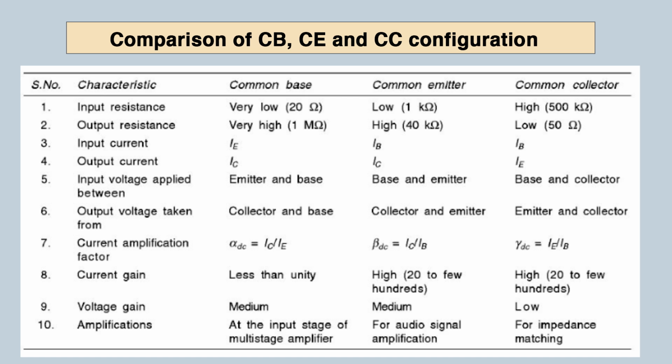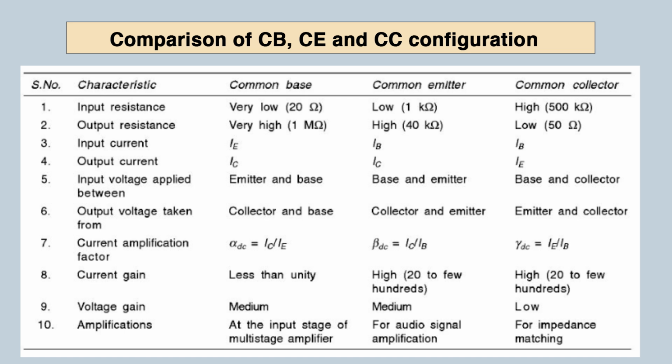Input voltage is applied between the emitter and base terminal for the common base configuration. For common emitter configuration, it is applied between base and emitter. For common collector configuration, it is applied between the base and the collector.